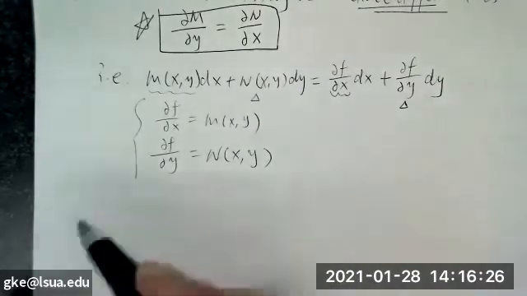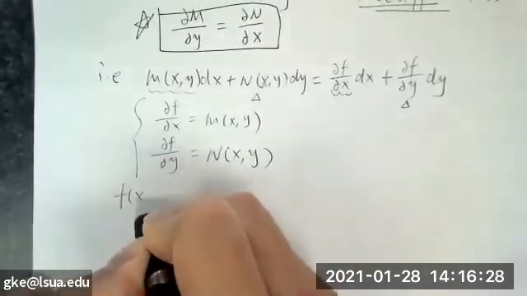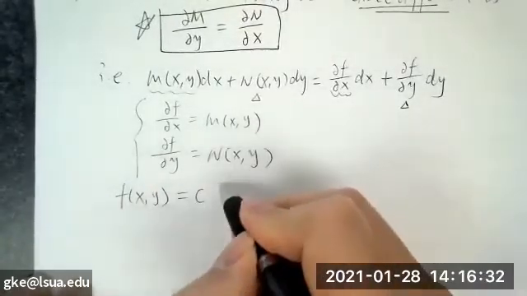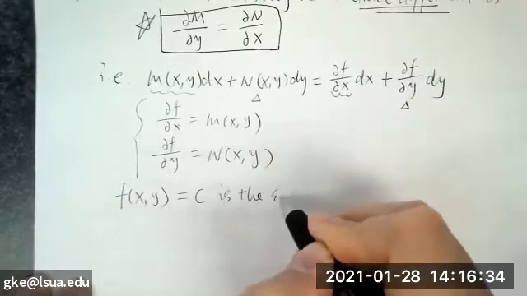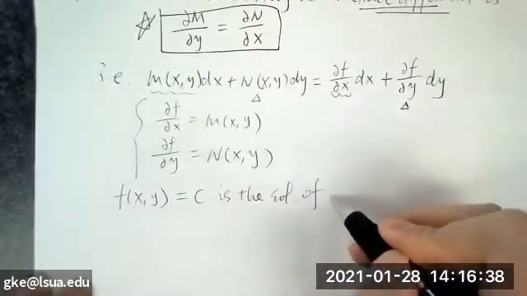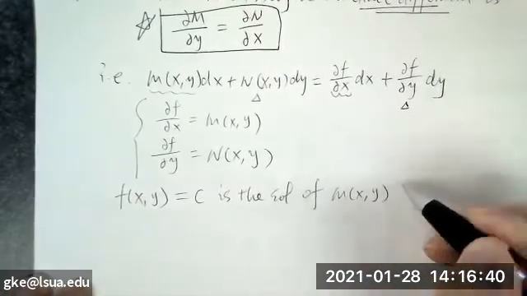And if we can find this f, then f(x,y) equals c is the solution of this guy.